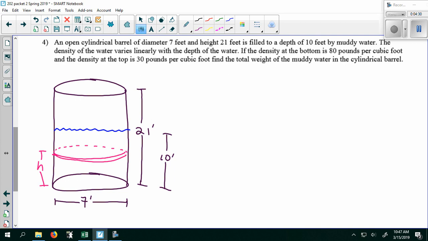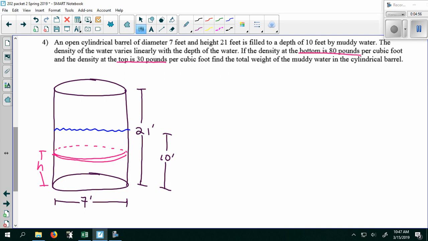At that particular height, I'm taking a thin slice of the water. The density at that small thin slice is going to be approximately uniform, the density of the water. So I need to know the density at the height. So I can calculate the density at any given h by using this given information.